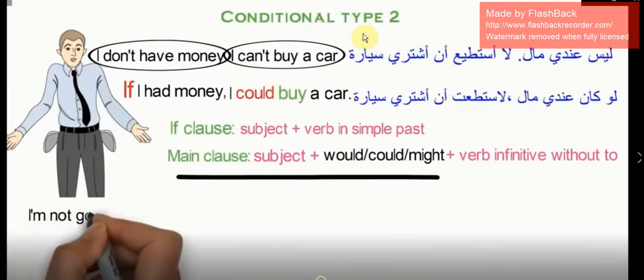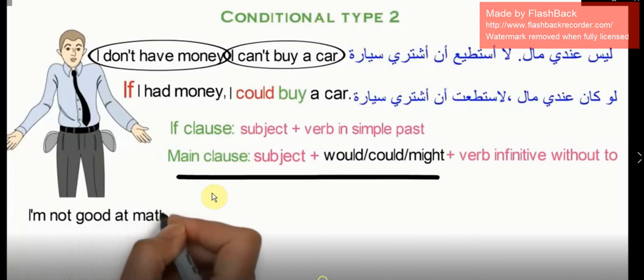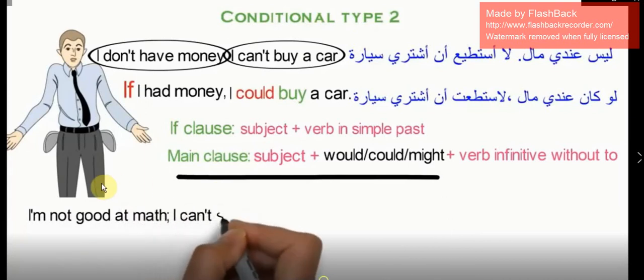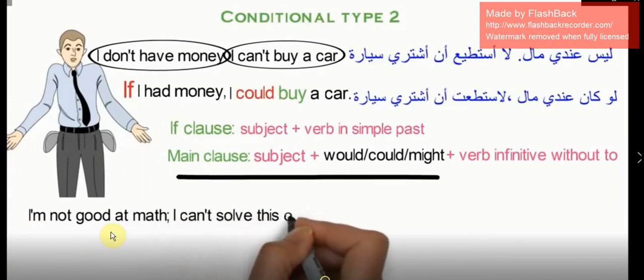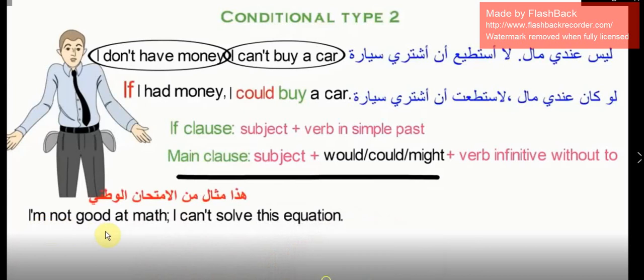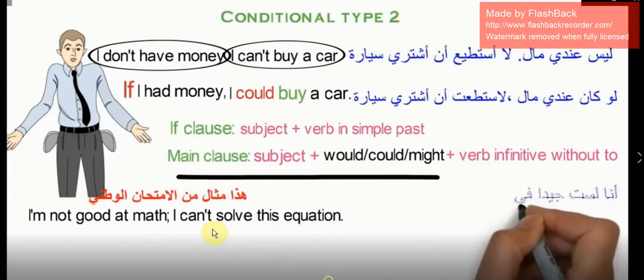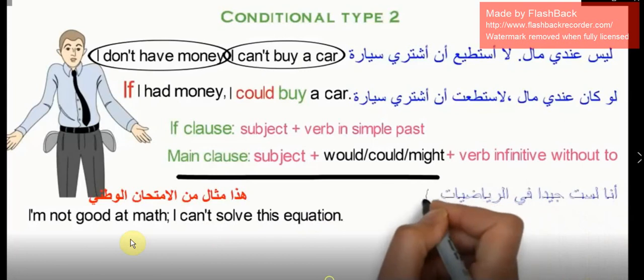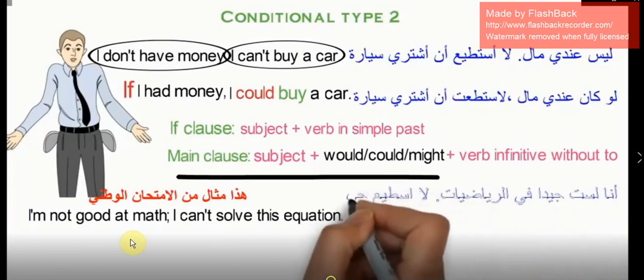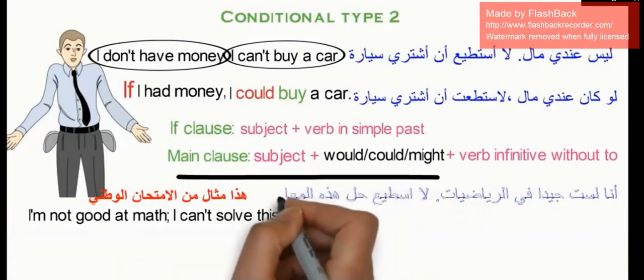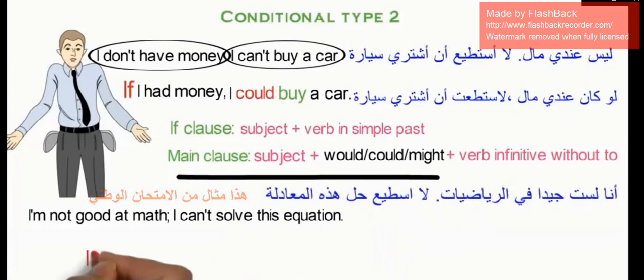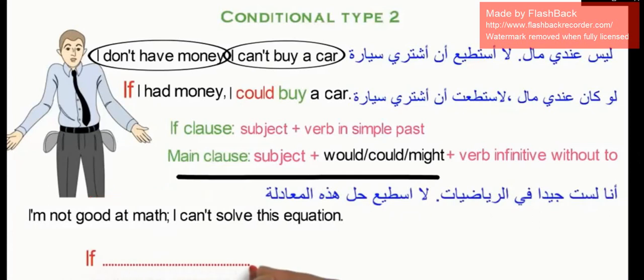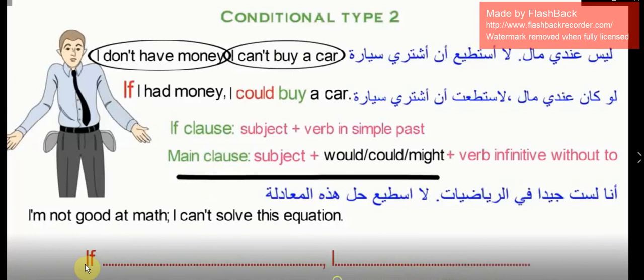Okay, when do we use this type, conditional type 2? But before saying when do we use it, look at the sentence and try to answer it. I'm not good at math. I can't solve this equation. أنا مش كويس في الرياضيات، مش هقدر أحل المعادلة.